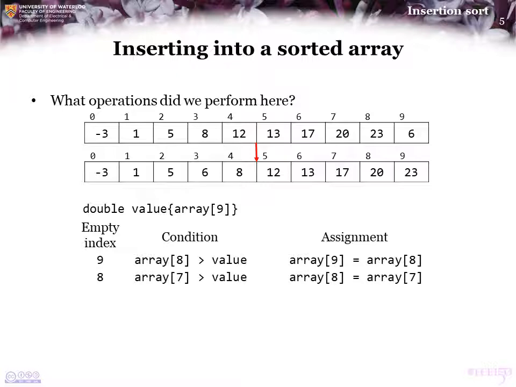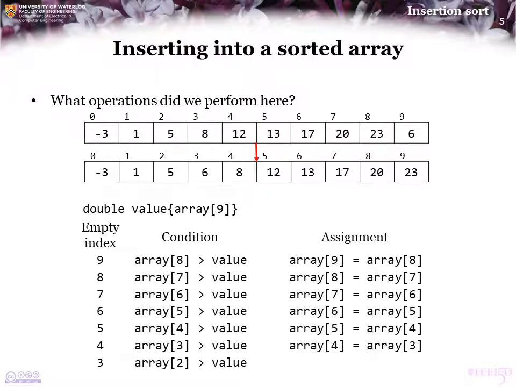Then we looked if array 7 was greater than the value, and if so, we moved the value at index 7 into the index 8 location. We would have proceeded on to do so until we got to the hole being in index 3.